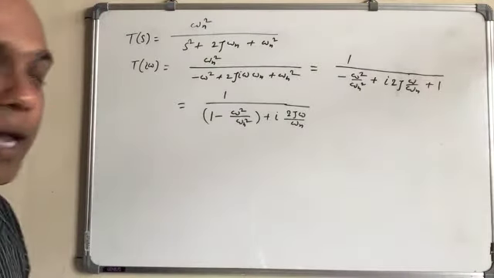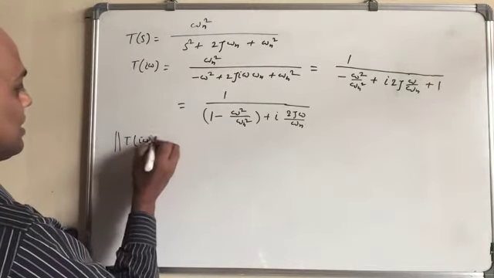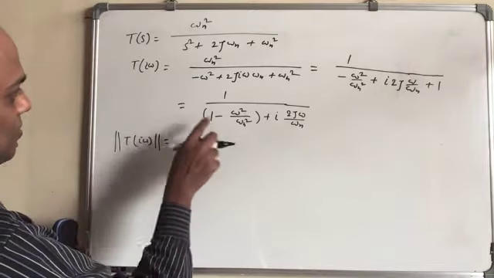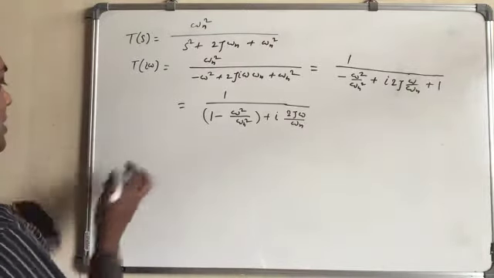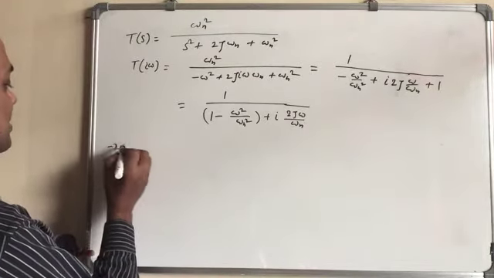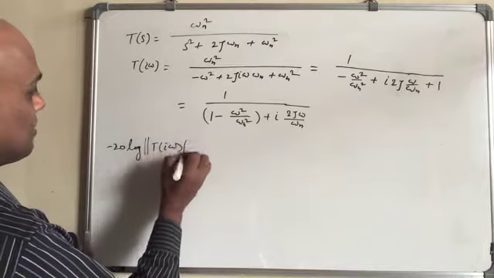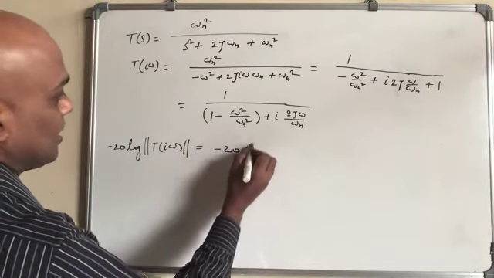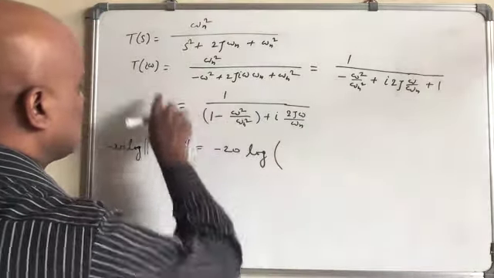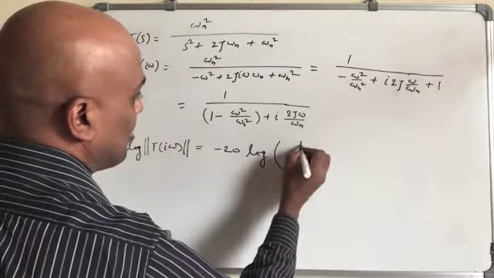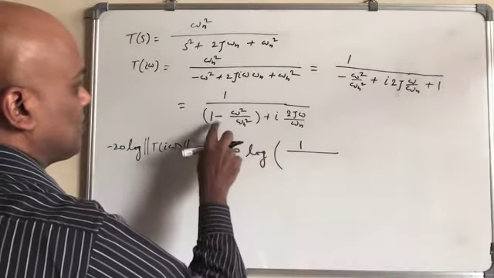Now, if you have to plot the magnitude, T(i omega), we are going to plot in decibel units, so minus 20 log of the magnitude of T(i omega).